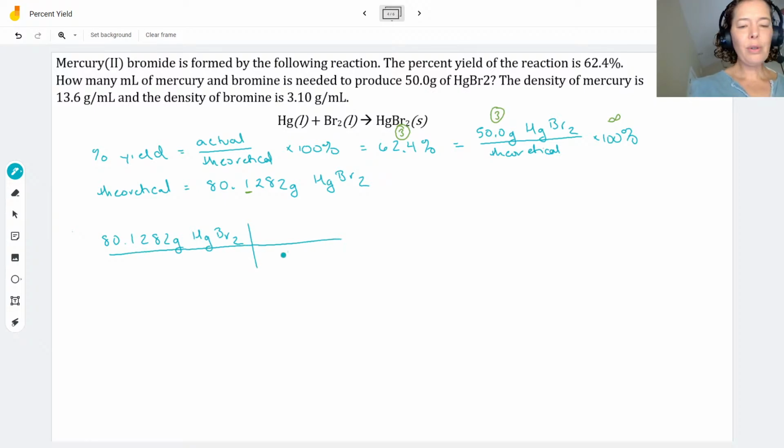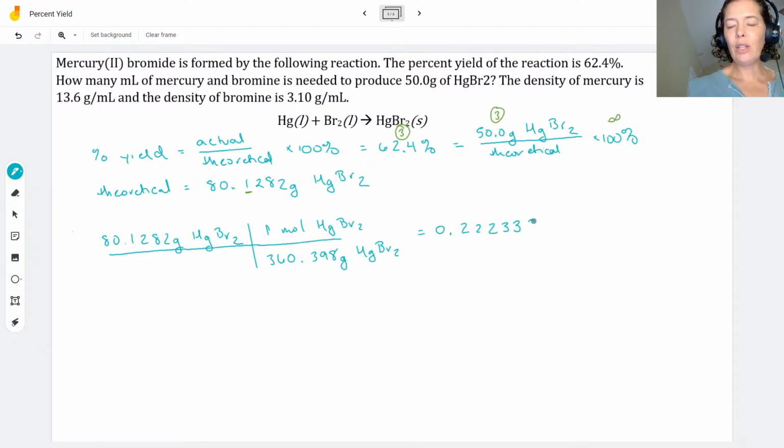Let's see, that molar mass is quite large. 398 grams of mercury II bromide over 1 mole. Okay, so this is going to give me lots of 2s. 3, 3, 2, 5.